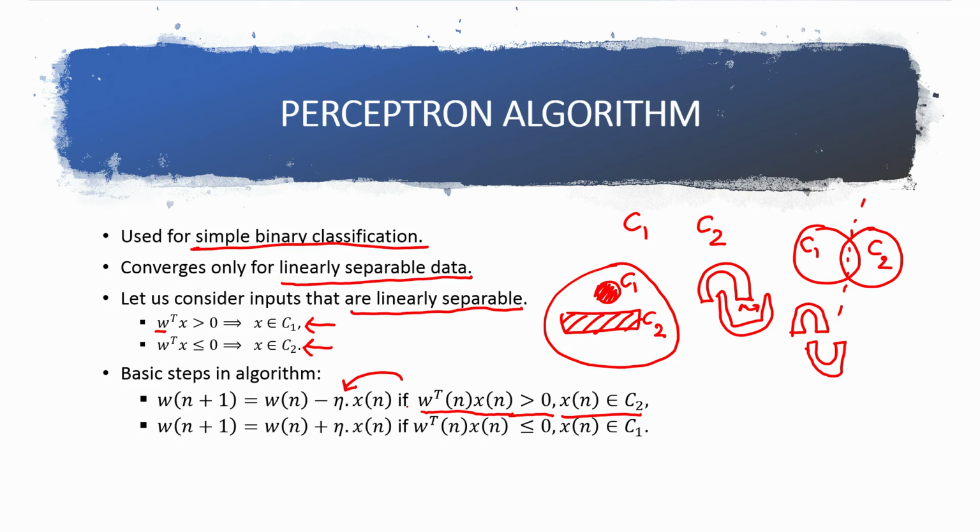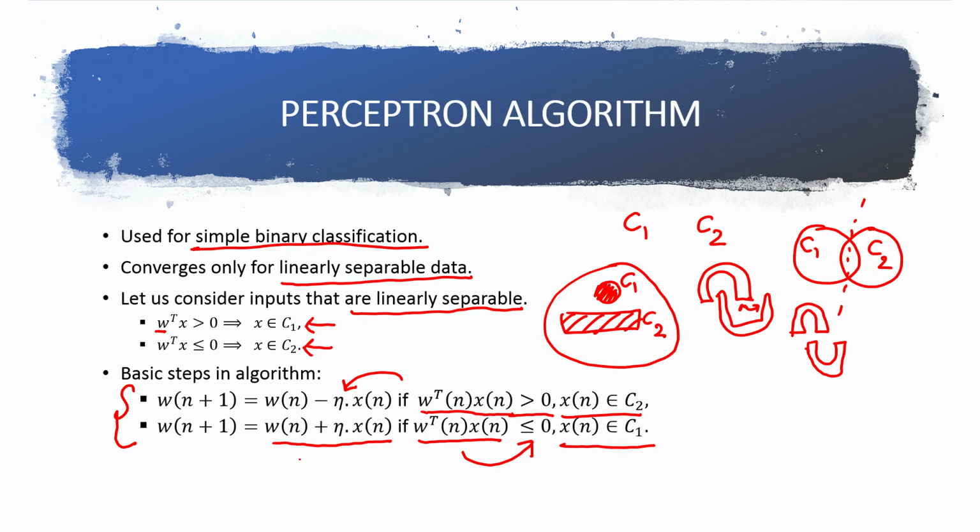On the other hand, if an input belongs to class C1, but the inner product between the weight and the input is less than or equal to 0, it is again getting misclassified into C2. Therefore, the weight needs to be increased.